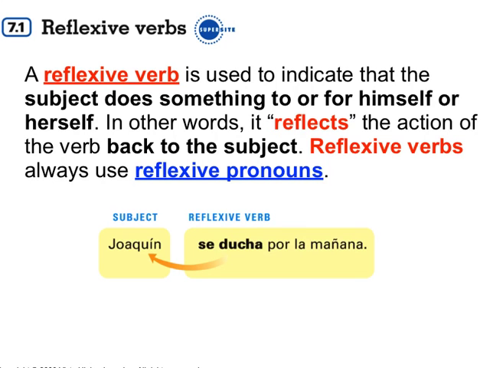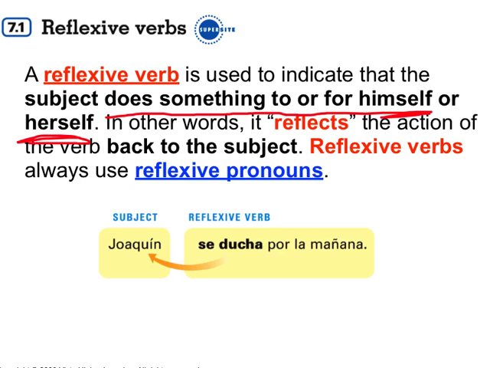Well, here we are with a reflexive verb and a definition. It's used to indicate that the subject does something for or to itself, himself, herself. The word reflects the action of the verb back to the subject. A good idea of reflexive verbs is looking at a mirror.